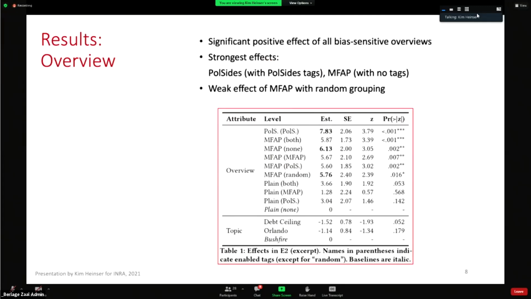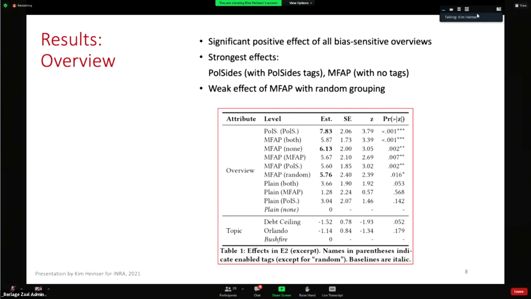What we found within the overview was that all bias-sensitive overviews had significant positive effects. The strongest effects were still from showing the political slant of the outlet, and on top, not just grouping them, but also showing tags for all other articles that were not grouped.